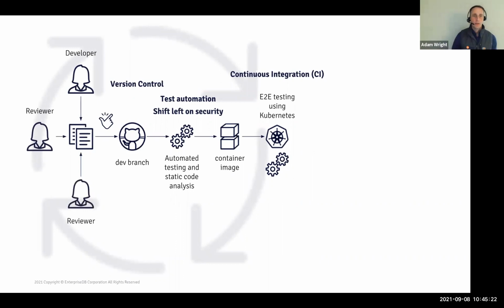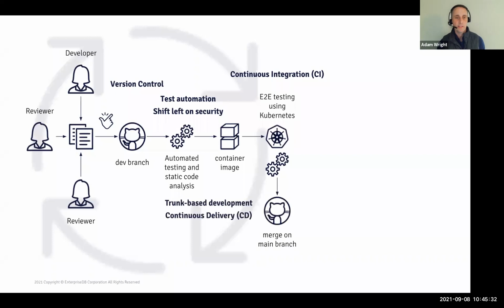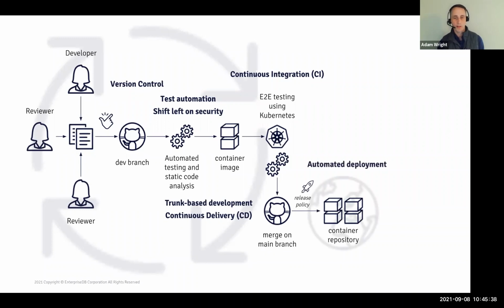As we go on, one developer does a patch, multiple reviews, push to a version control system, automated testing, static code analysis, container images, all of the end-to-end tests must pass, and then that gets merged onto the main branch and pushed to a container repository. This would be Docker Hub, this would be quay.io, where you could pick up those images and they're available to the end user.